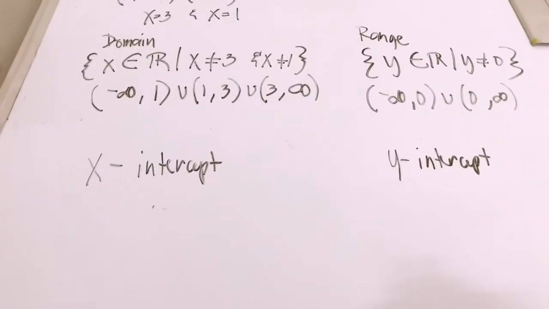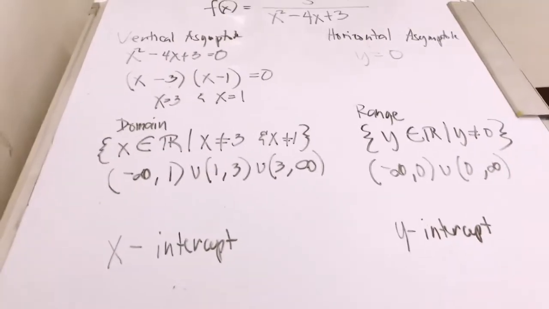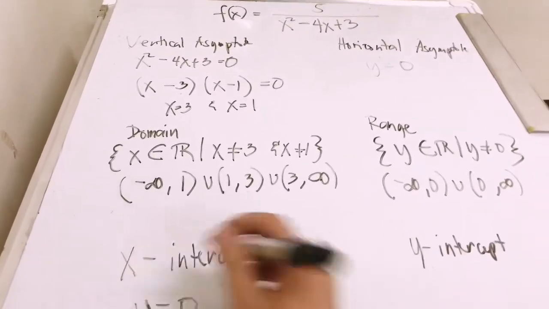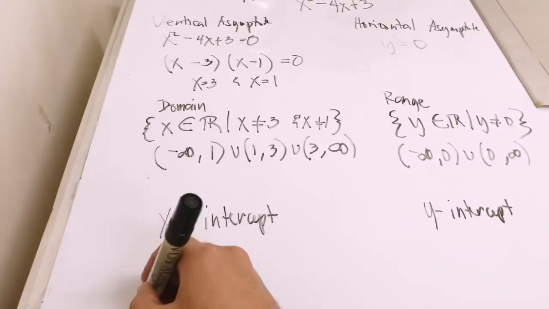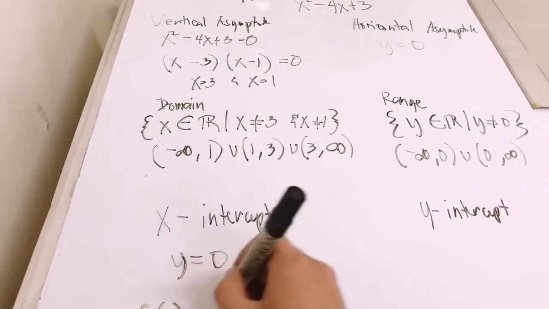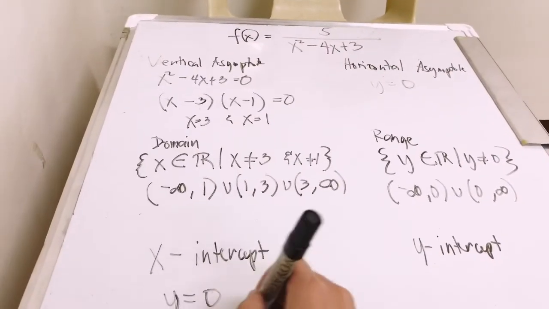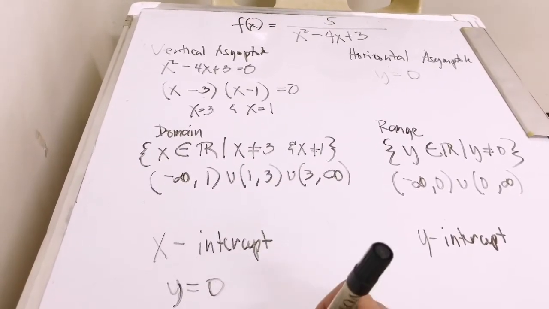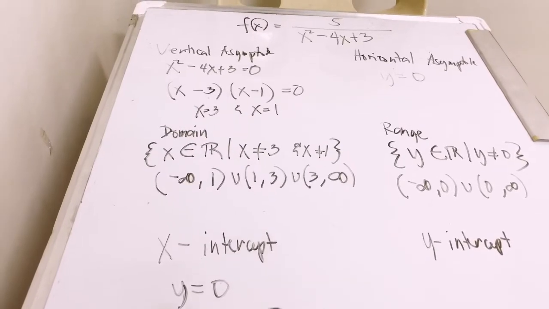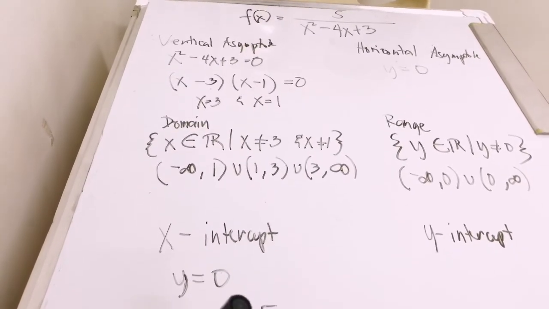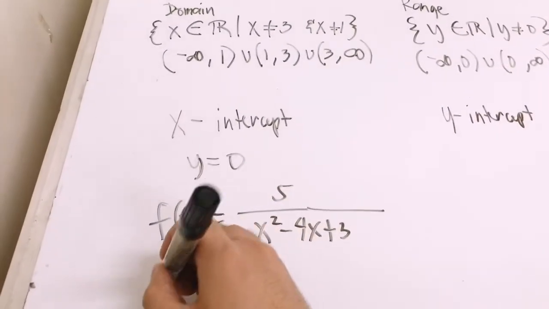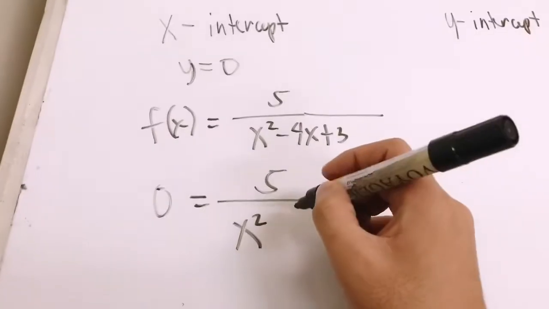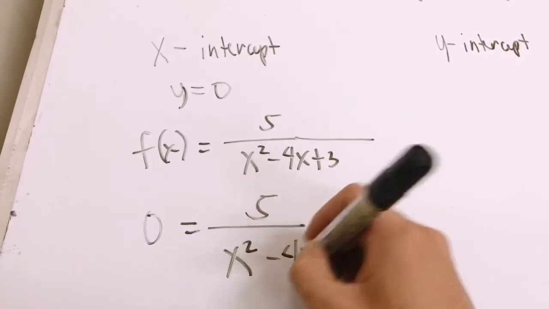Now, let's proceed to the x-intercept. For x-intercept, again, let's equate y is equal to 0. Substitute, we have f of x is equal to 5 over x squared minus 4x plus 3. We have y which is 0. We have 0 is equal to 5 over x squared minus 4x plus 3.